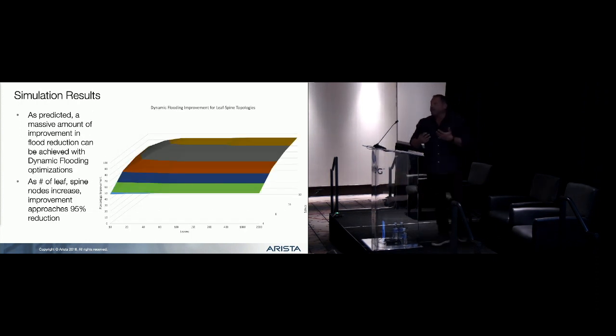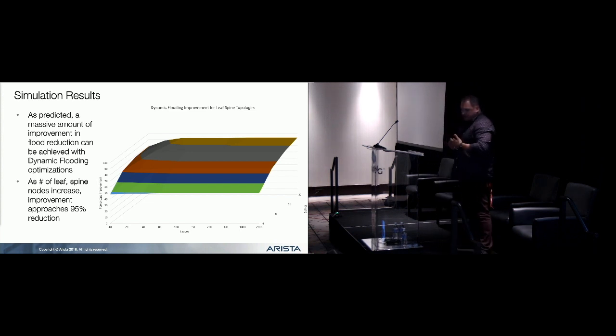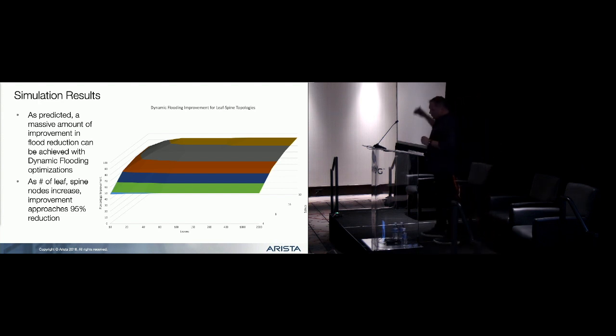We've done some simulation around this, and as you can see, on the bottom, it's probably hard for people in the back to see it, but on the x-axis we have the number of leaves in an environment. It goes from 10 to 2,000. On the y-axis we have the number of spines, and that goes up to 32.